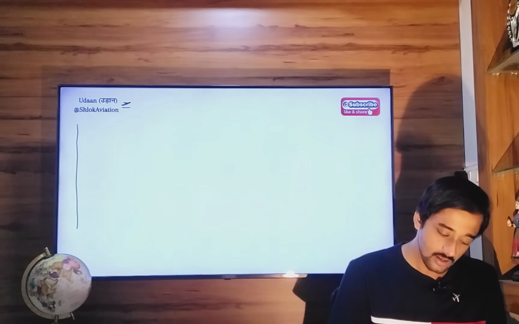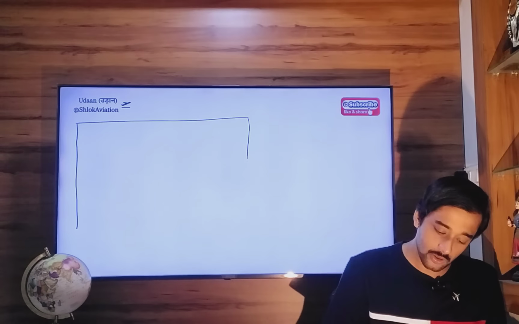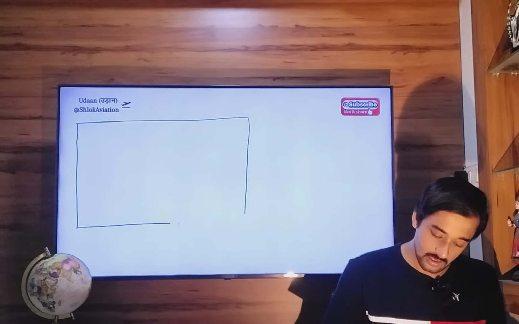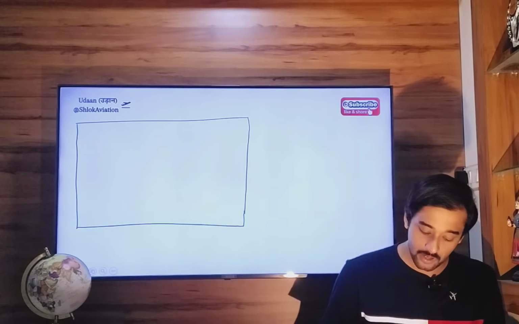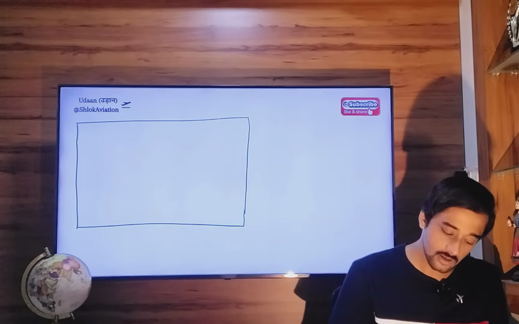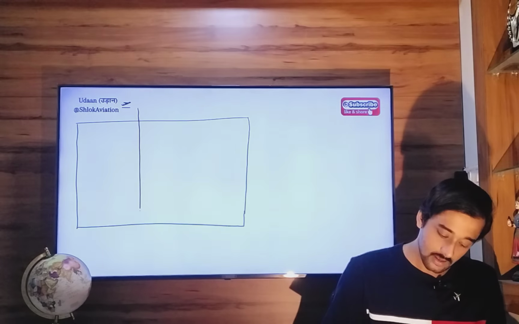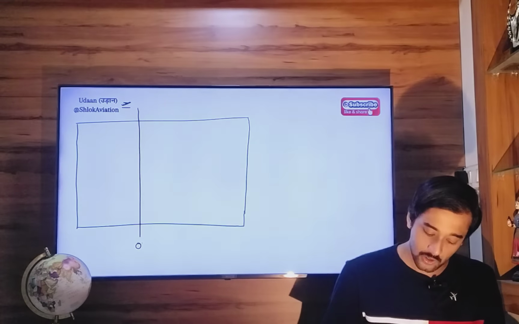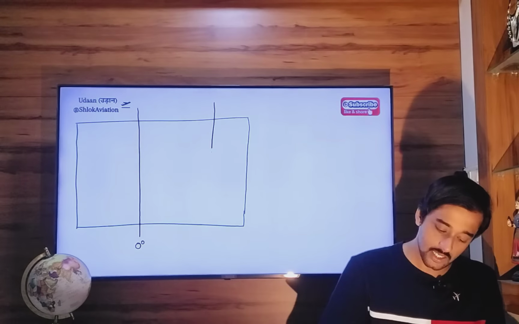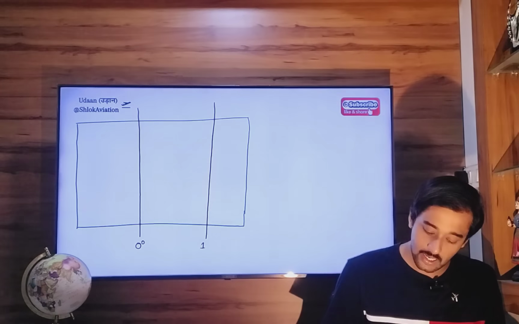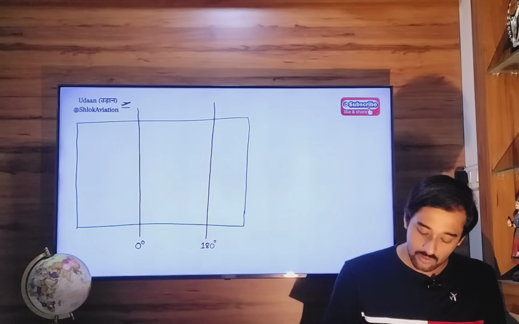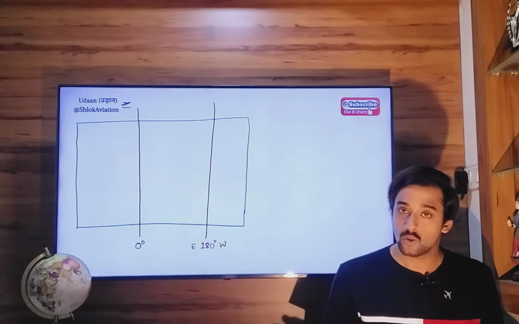So let's draw this. Now what I'm going to do is draw both the prime meridian and the anti-meridian on this diagram. So this is your prime meridian, 0 degree. Let's consider this is the anti-meridian, 180 degree of that prime meridian, 180 degree east, 180 degree west.